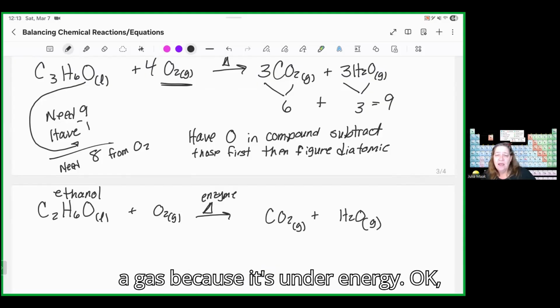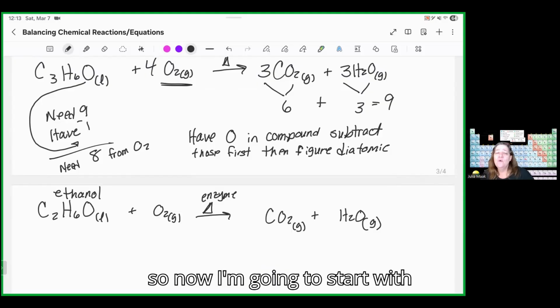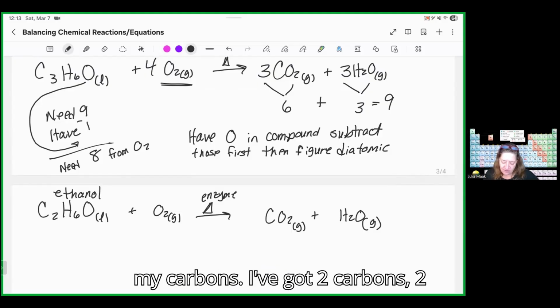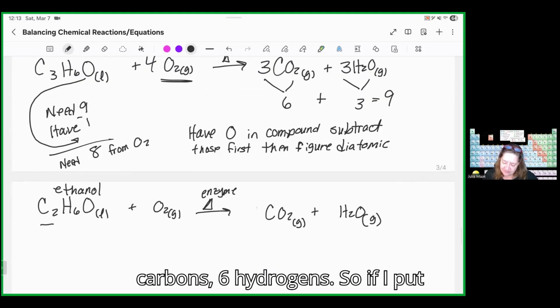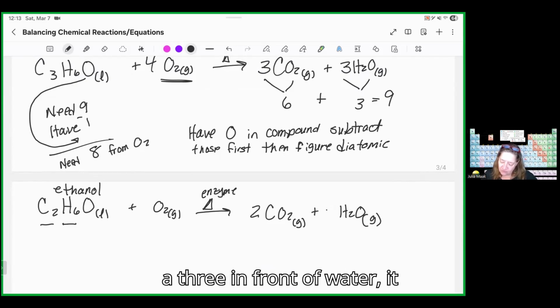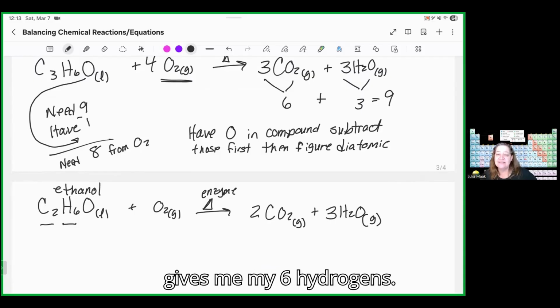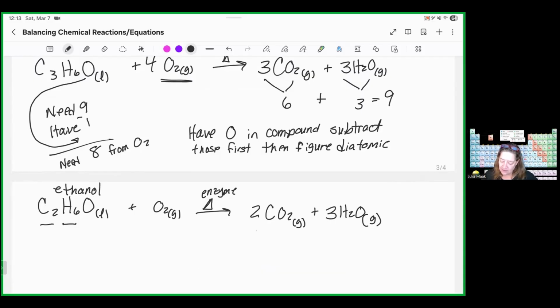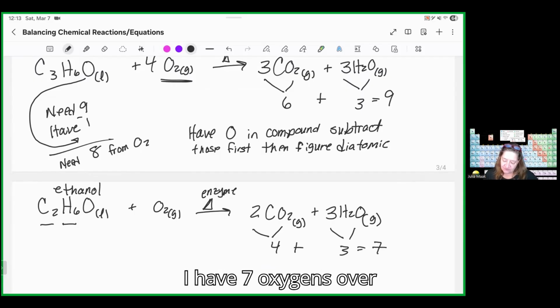Okay. So now I'm going to start with my carbons. I've got 2 carbons, 2 carbons. 6 hydrogens. So if I put a 3 in front of water, it gives me my 6 hydrogens. Okay, so 2 and 2 is 4, and 3, so I have 7 oxygens over here.